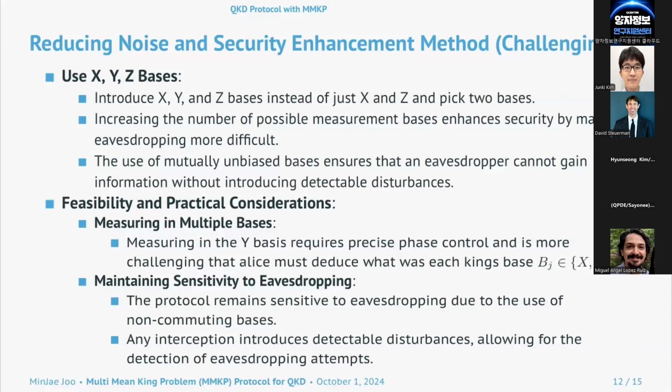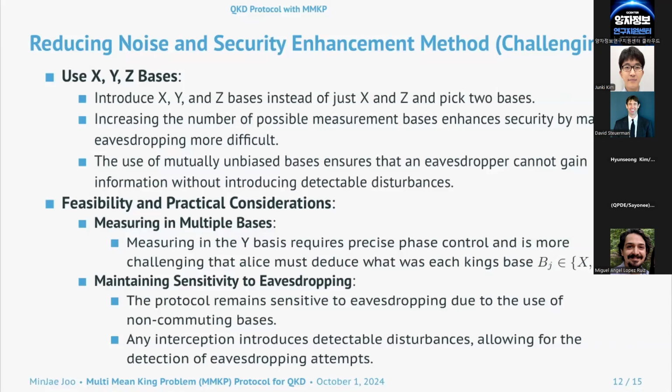The Y basis is introduced and 2 of the 3 bases are randomly chosen for measurement. This increases the number of possible measurement bases, making it harder for an eavesdropper to gain information without being detected. The mutually unbiased bases ensure that any eavesdropping introduces detectable disturbance.